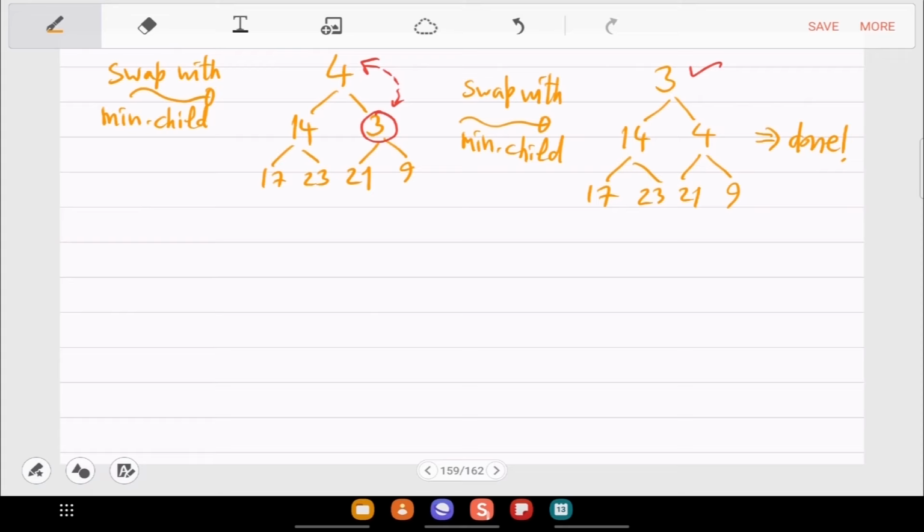Okay, and what operation do you want? From upward, so that was happening in extract min. No, you have formula everywhere.